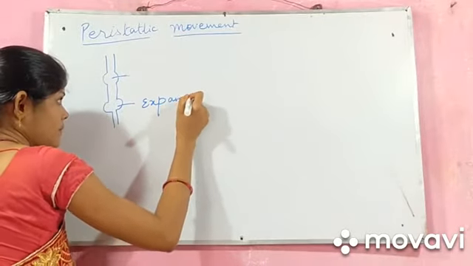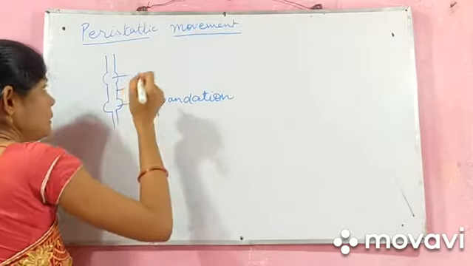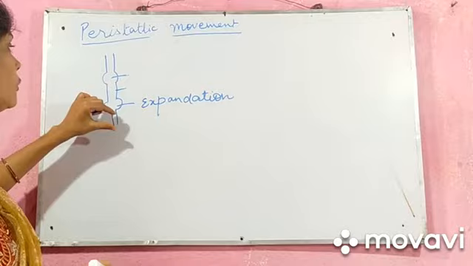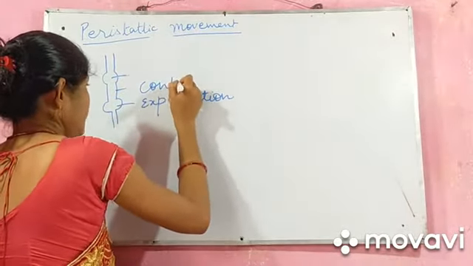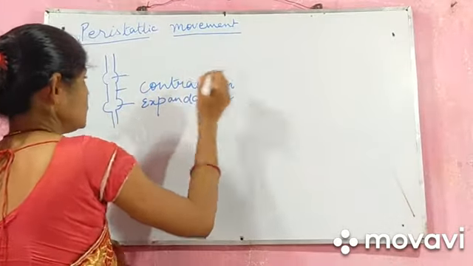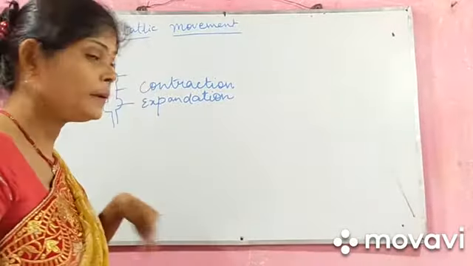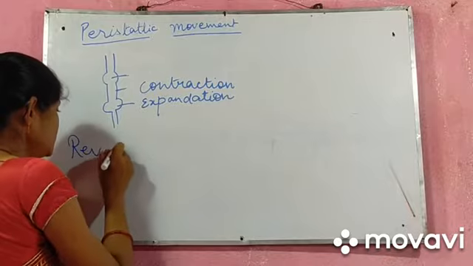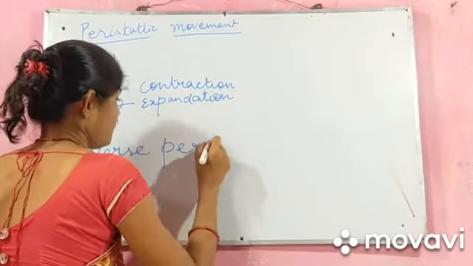So, I gave you peristaltic movement in the last class also; I will just explain it here. It is the process of expansion and contraction of the walls of the alimentary canal, so that the food can pass from one part to another. But in vomiting, what happens? Reverse peristaltic movement takes place.